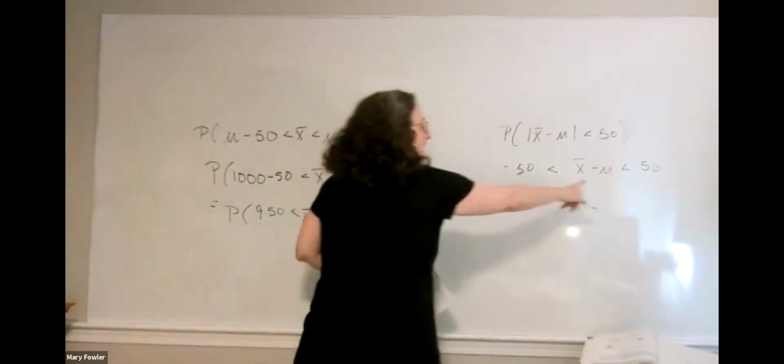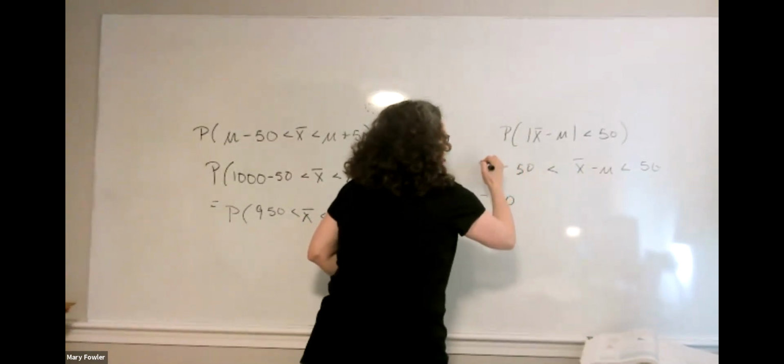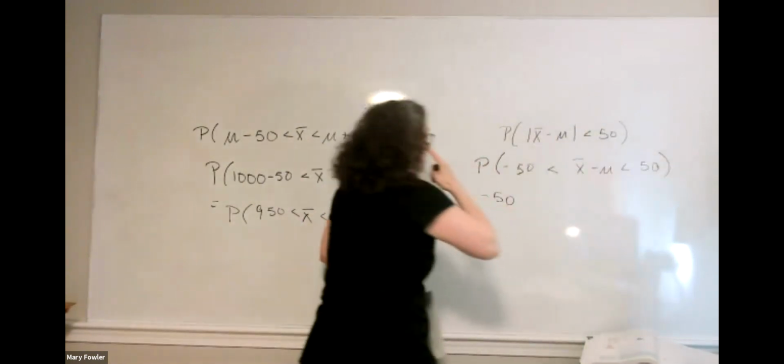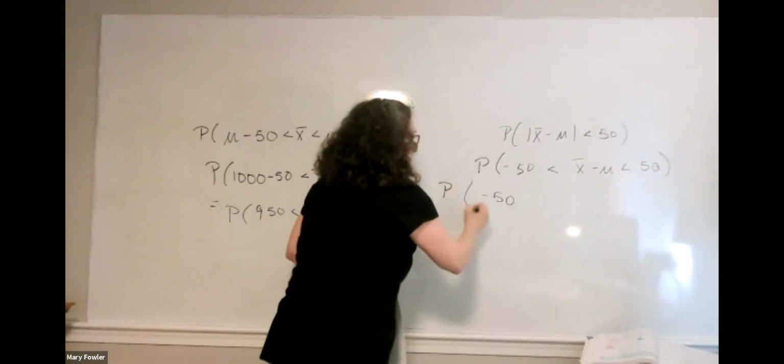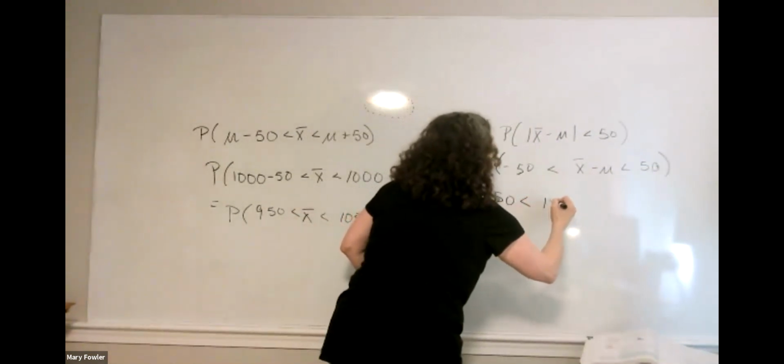And so let's substitute in what mu is and put the probability wrapper here, please. This is a probability question. So let's substitute in for the mu of 1,000.